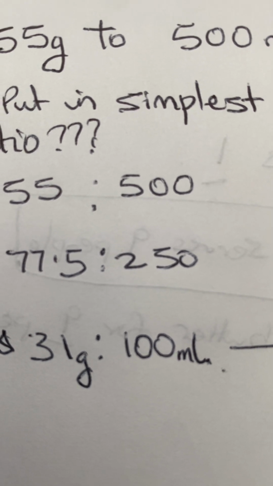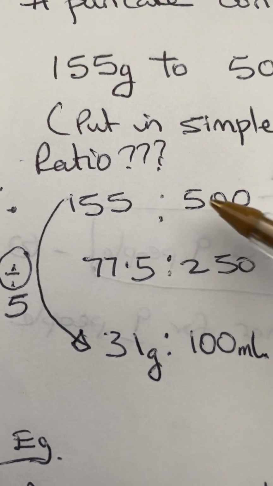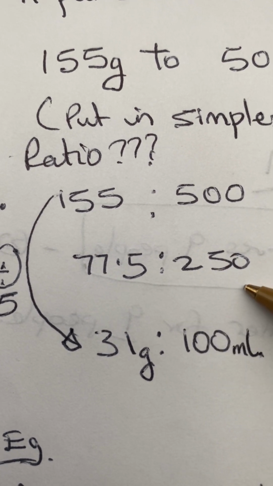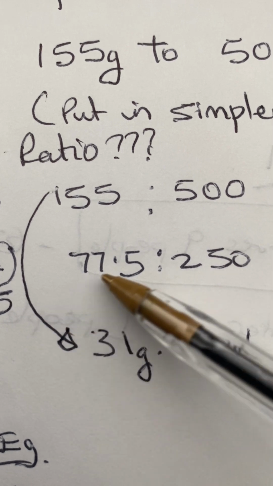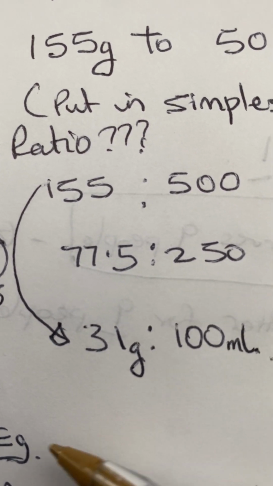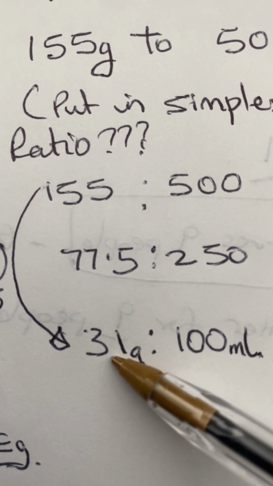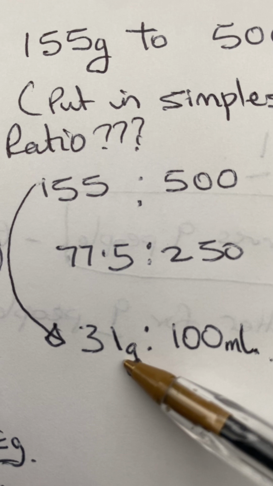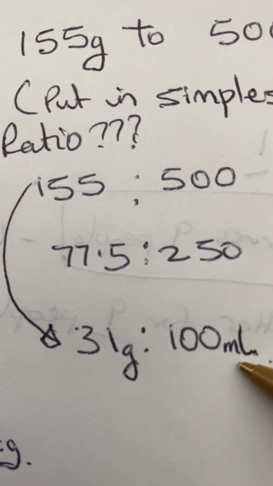Okay, you can also decide to half it, which is the longest one, and then divide by 5, because these are multiples of 5, and you still get this. So now the ratio is 31 grams is to 100 milligrams.